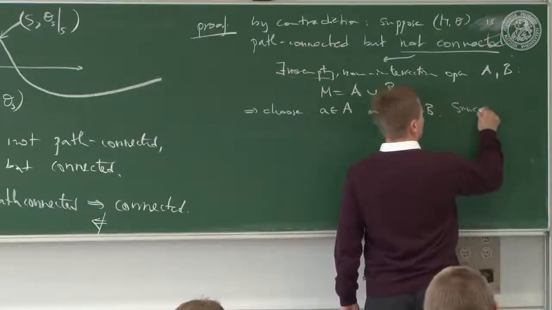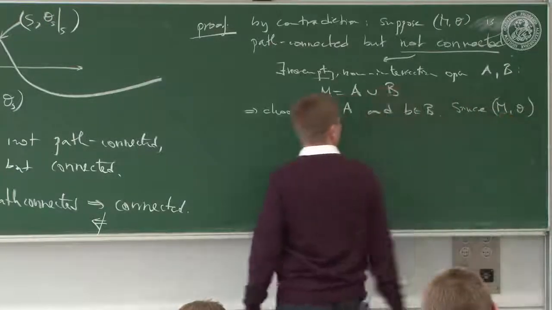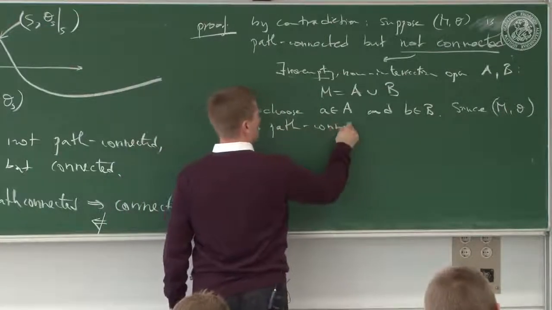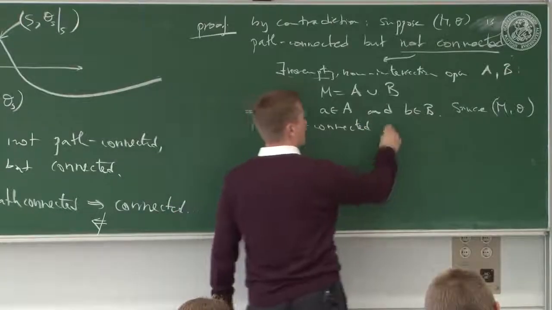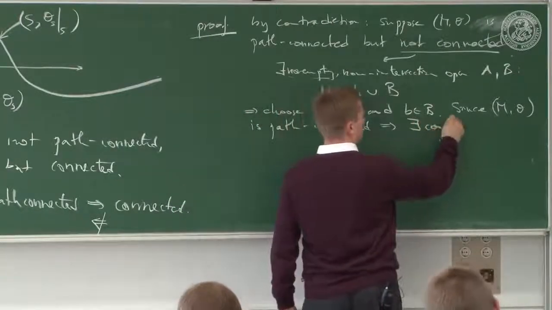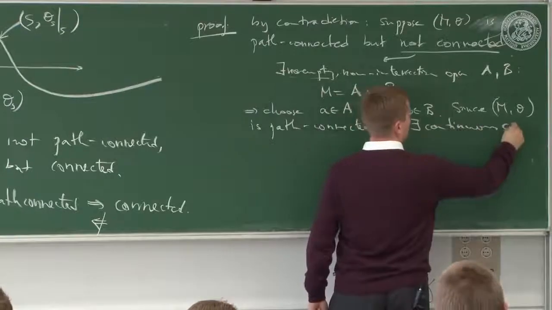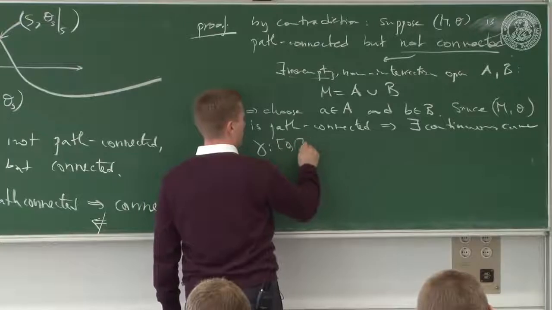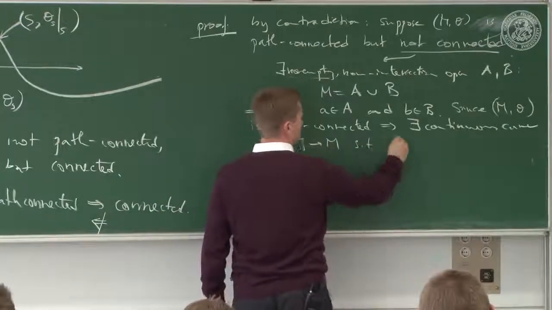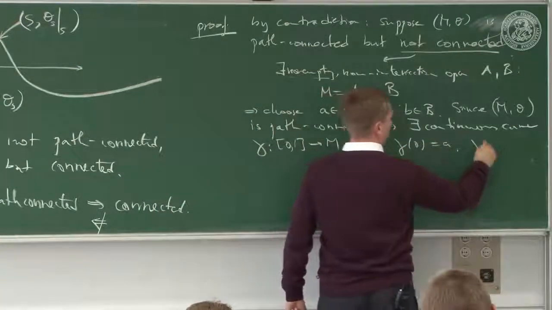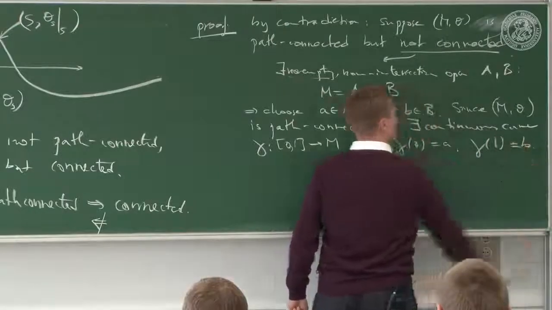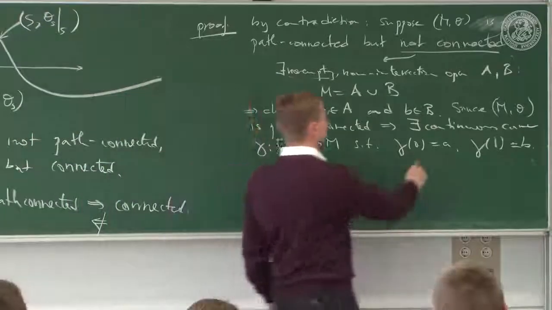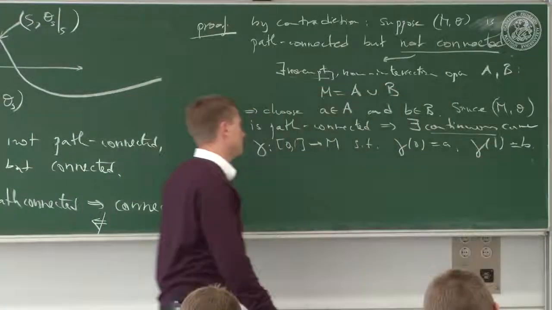Since the space (M, O), by assumption, is path connected, there exists a continuous curve gamma from [0, 1] into M, such that gamma of 0 is a and gamma of 1 is b. It's a continuous curve, and that's really very important.